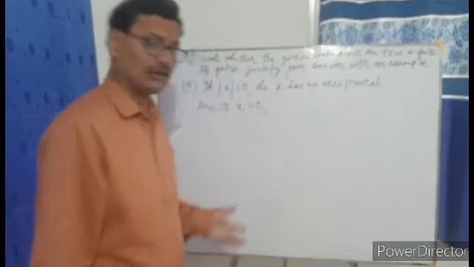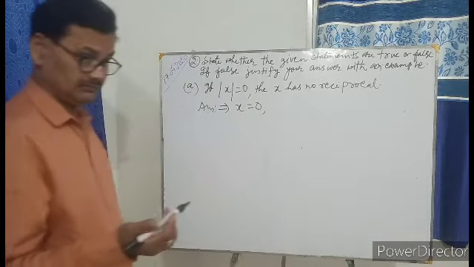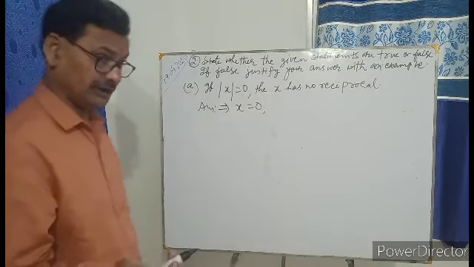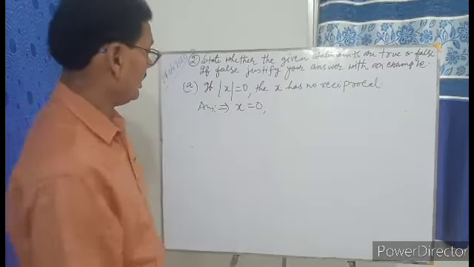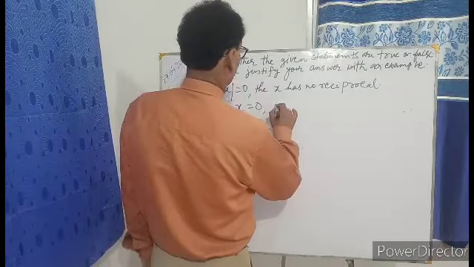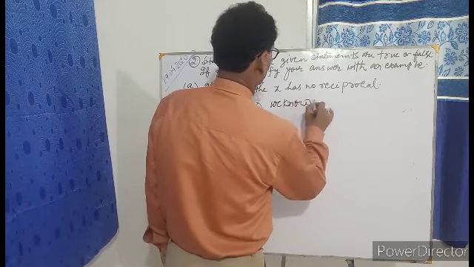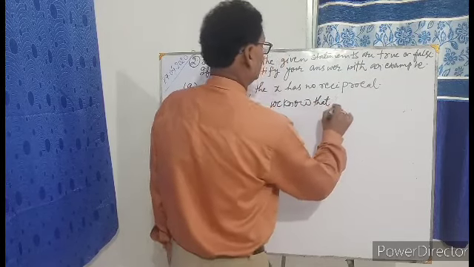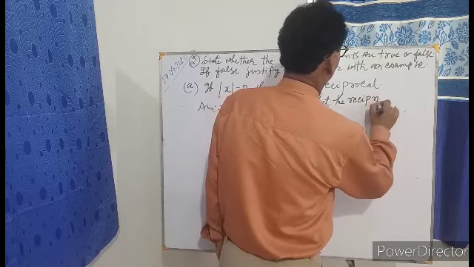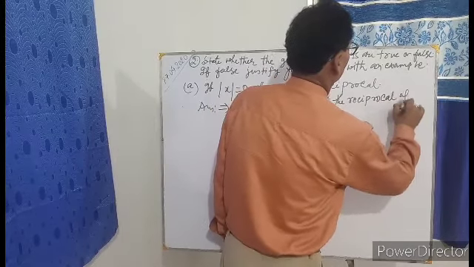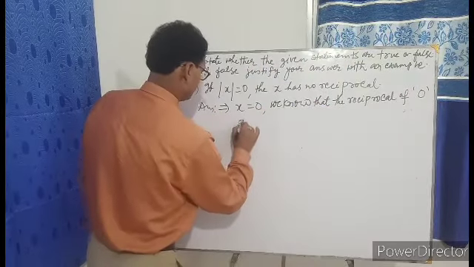And as x is equal to 0, the reciprocal of 0 does not exist. We know that the reciprocal of 0 does not exist.